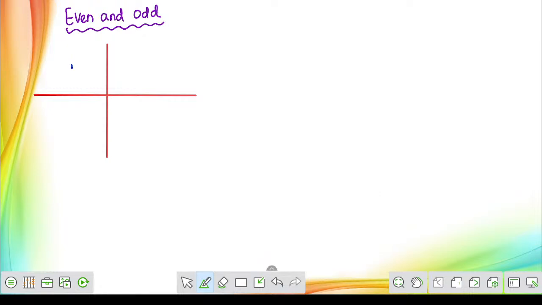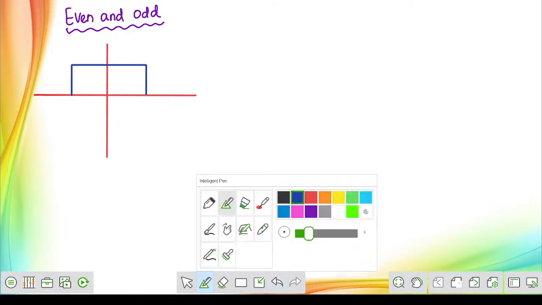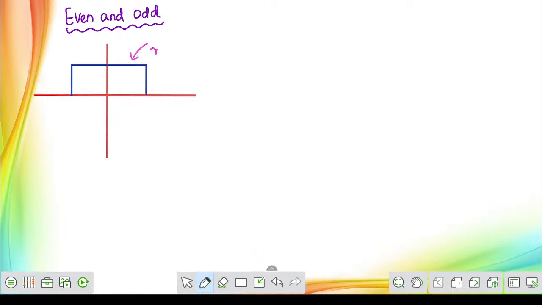For example, assume I am having a square waveform. If you observe the left and right hand side of the given square waveform, this portion I can consider as x of t, because the time is positive, plus t.